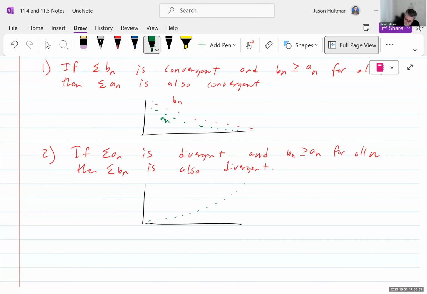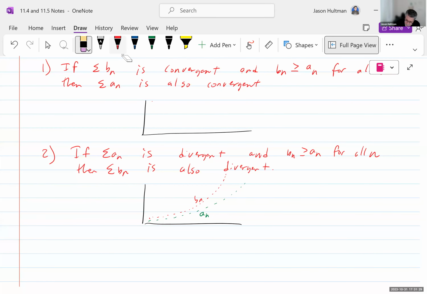Yeah, that's the sum. The sum is going up. And it's diverging, and that's a sub n. Then anything that's bigger than that will also diverge. If we keep adding terms together, it's also going to diverge. That's b sub n. Again, I don't like this. I am going to get rid of this one. I don't like the picture on that one.